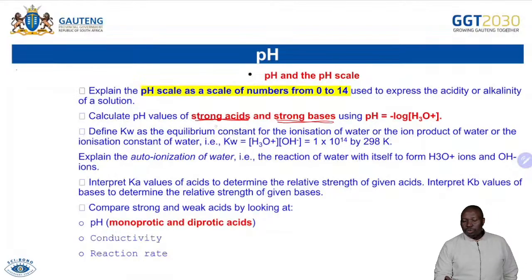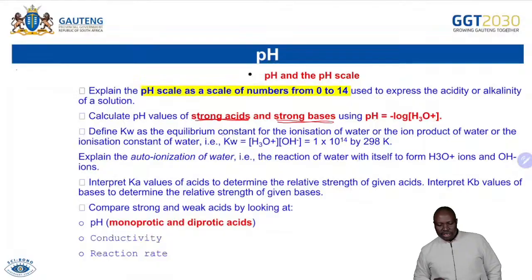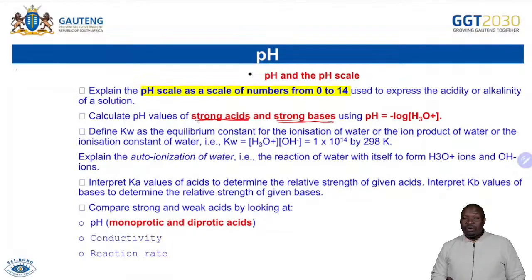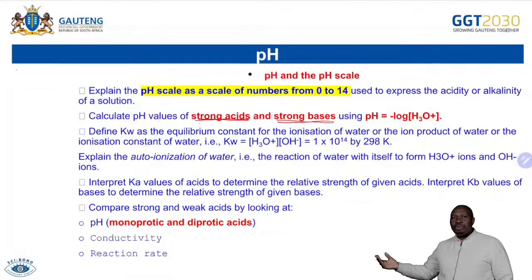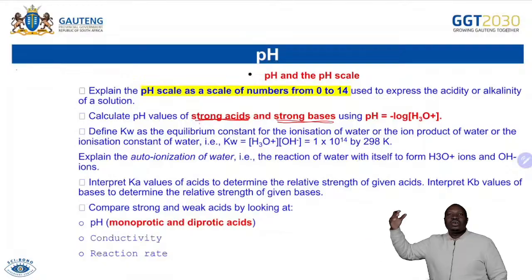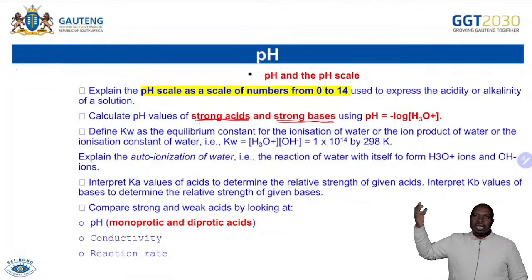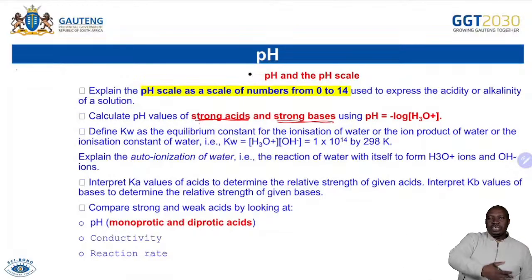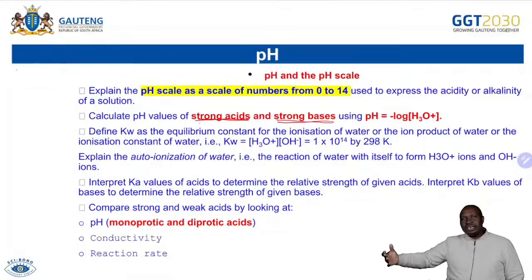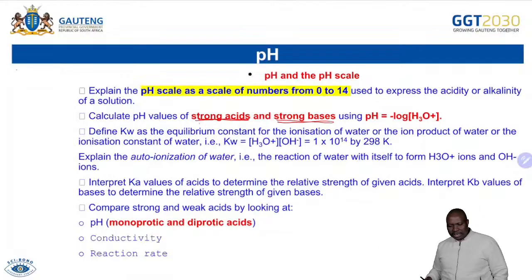Hence, we don't know the concentration of hydronium ion. We're not certain about it. But it becomes easier when you're dealing with strong acids and strong bases, because we are saying they ionize completely. Hence, we can use the mole ratio between the concentration of the acid and the concentration of the hydronium ion. We talked about that.